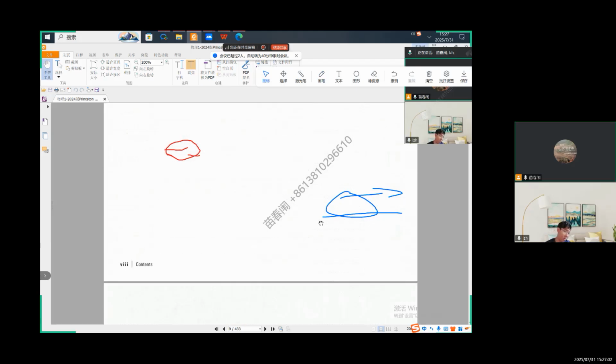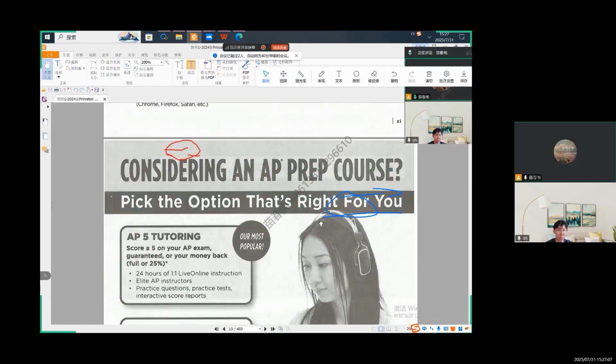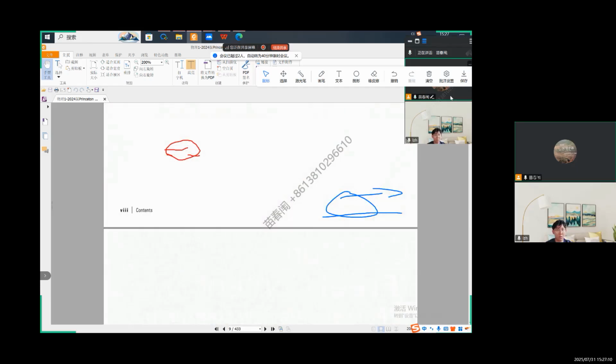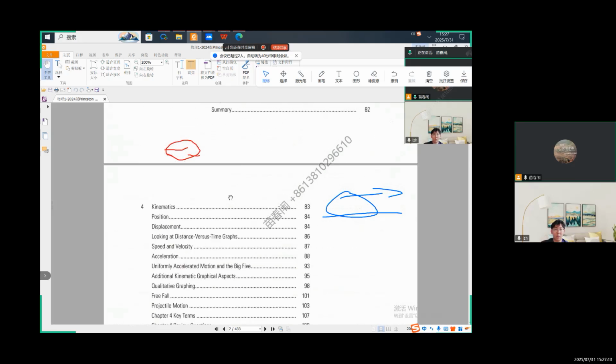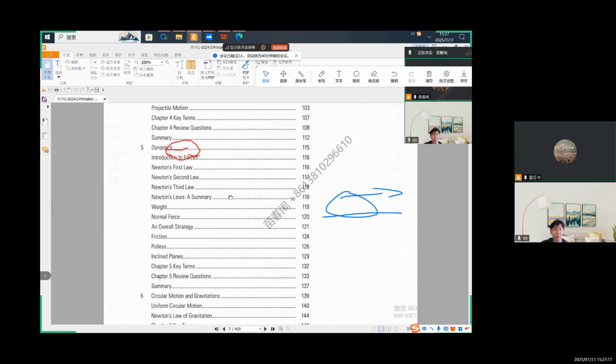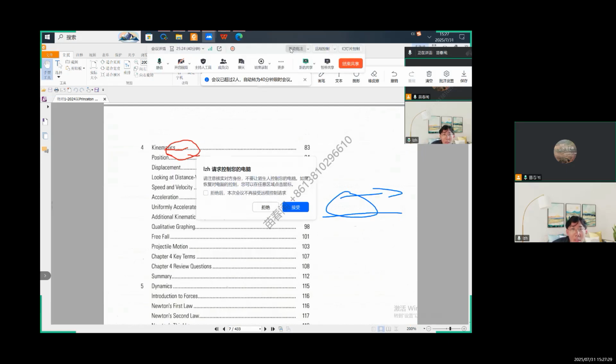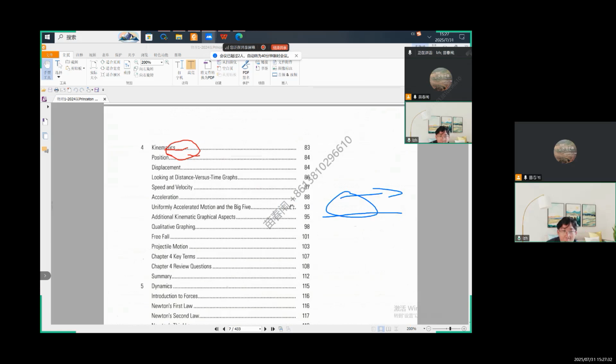Right now it's just that projectile is a little bit difficult. The knowledge is not that difficult. It's just that when you meet the question, you have to think.